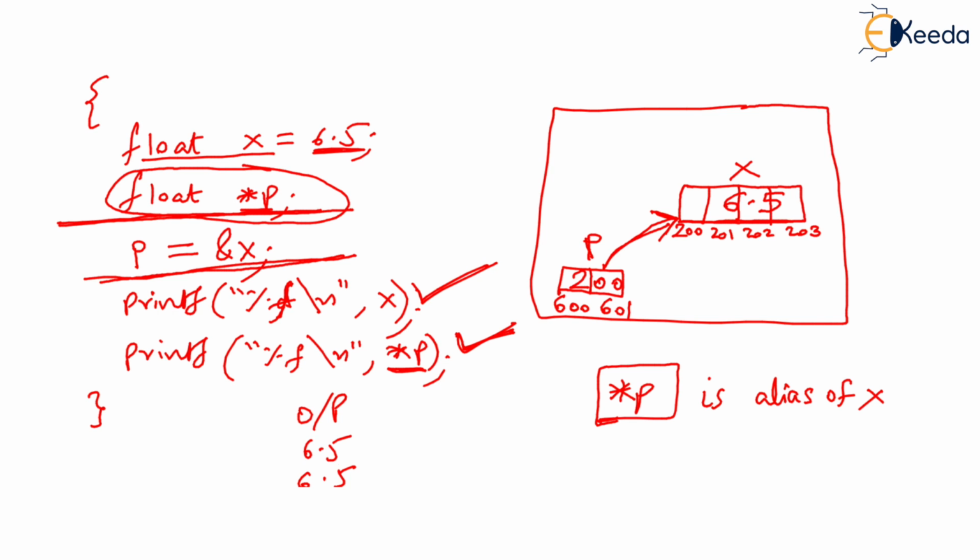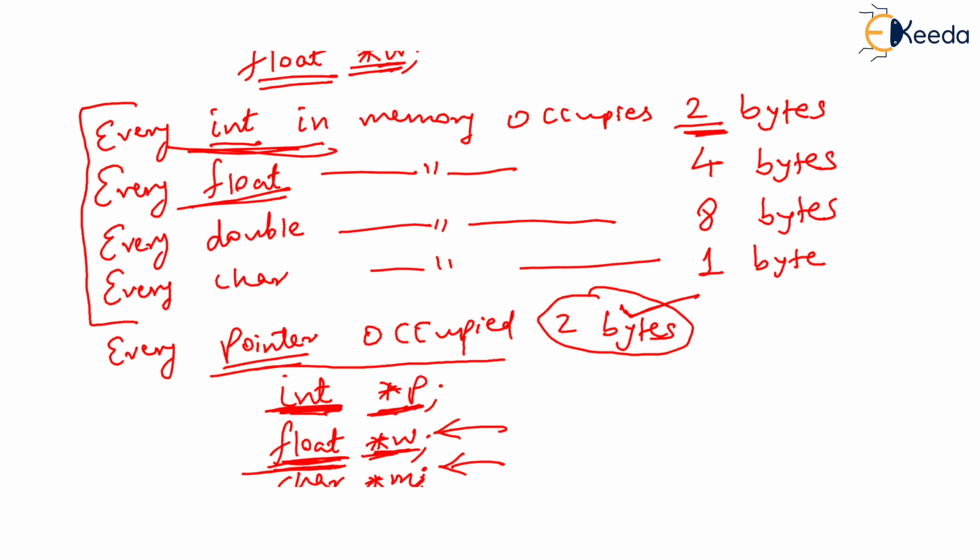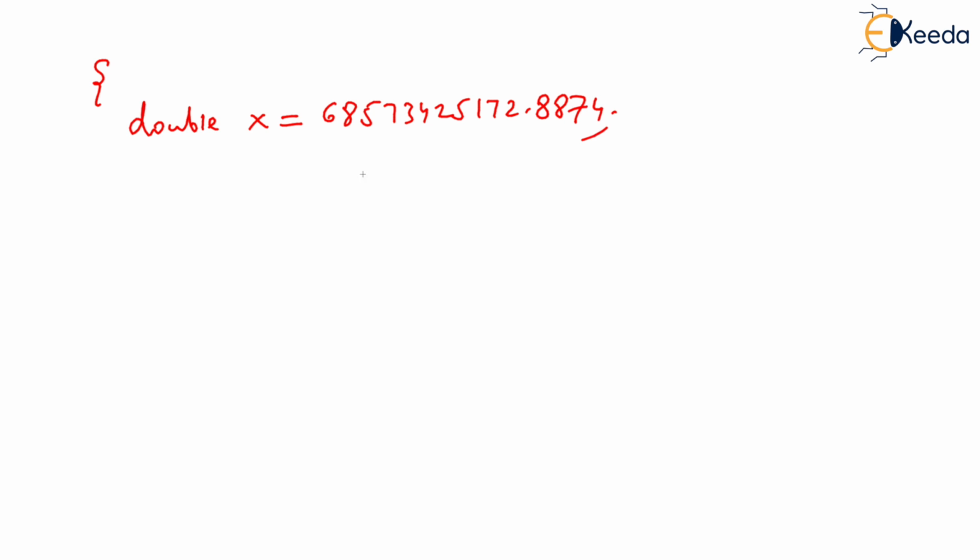Let's try to understand it further with one more example. Okay, so I'll use the same page here. I'm writing a small code here, and let's check what will happen. Suppose I have double x. So x is a double variable equal to, let's say, 685732.5172.8874. And then I have a pointer of double type. Just check, this p is a pointer of data type double.